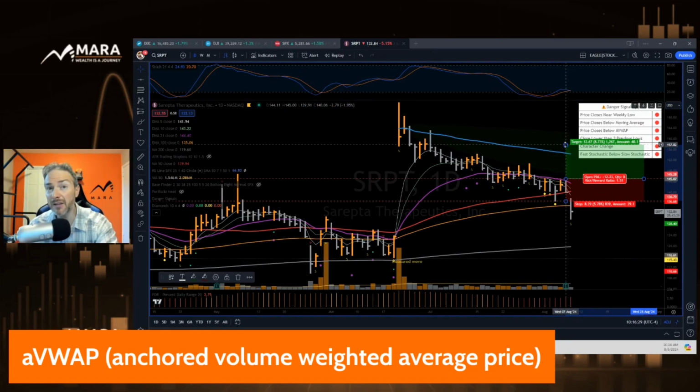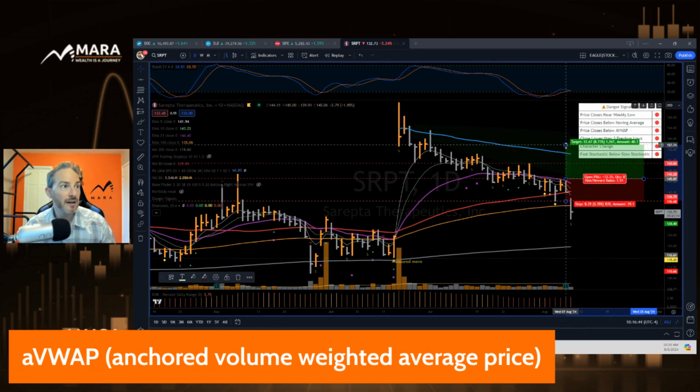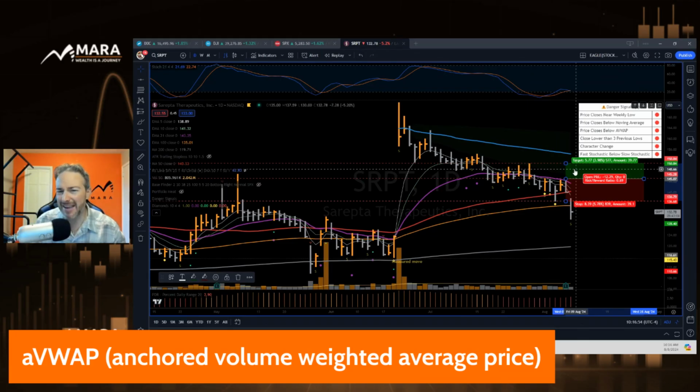One of the things I like to do is look for where the first layers of resistance are likely to be. So I look at price structure, and the first level of price structure is right up here, at this reversal bar. It would be 4% away. So the first spot where price might get into some trouble, if it were to break out from here, is about 4% away.